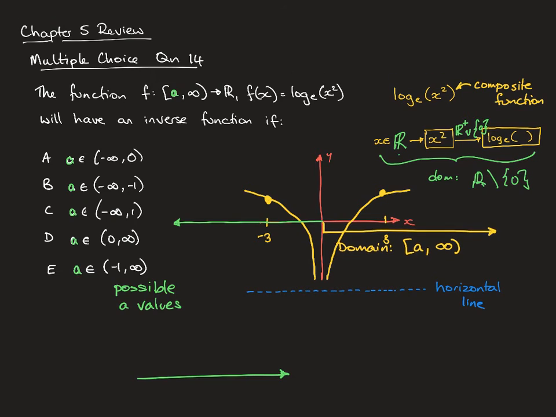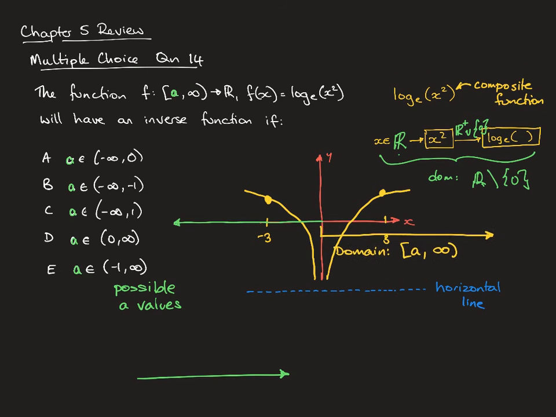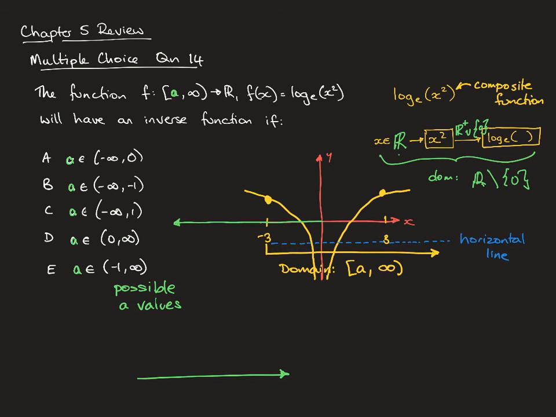And if the a value was 0, you can see that we have a function here that, just using this little bit to the right, will in fact have an inverse function. The problem is option A includes any value along that green line, and now you can see that we start to have issues. If the a value, for example, was -3, then you can see that our horizontal line is touching the graph in two places, here and here, for a as being -3. And so option A isn't a possibility.